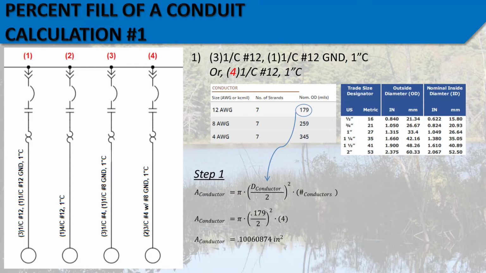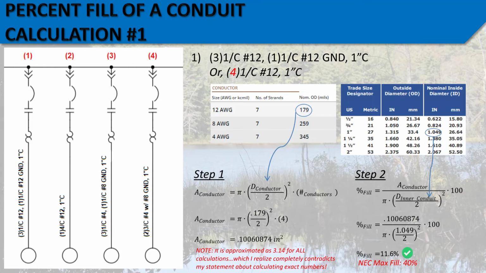So you plug that into the formula as shown, and be sure to multiply the area of the conductor times 4 because you have 4 single conductors. And from that, you calculate what the area is. It's 0.10060874 square inches.